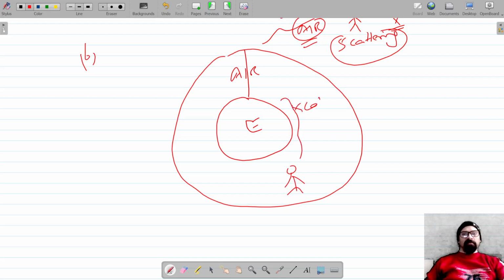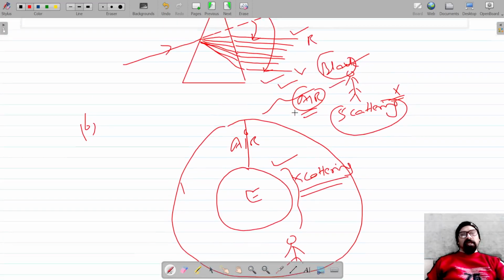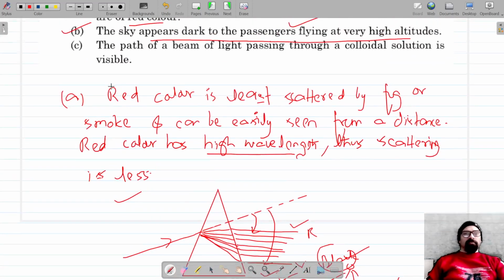Here the scattering is happening, and very minute particles scatter the color of small wavelength, which is blue, because the size of the particles matches the wavelength of blue color, and hence it scatters blue light. So what do you have to write here?